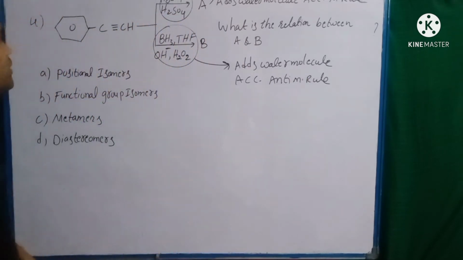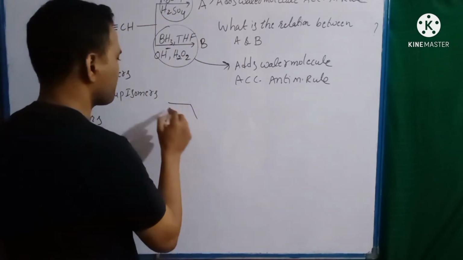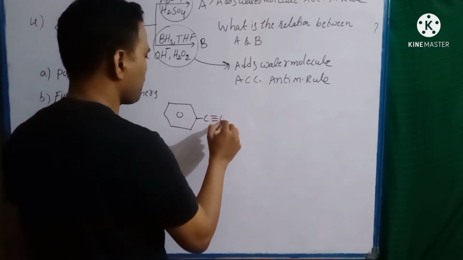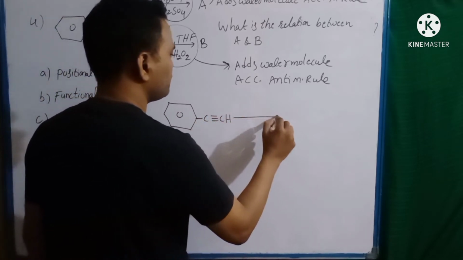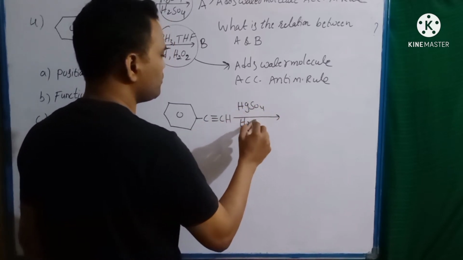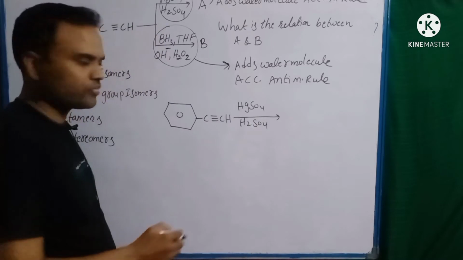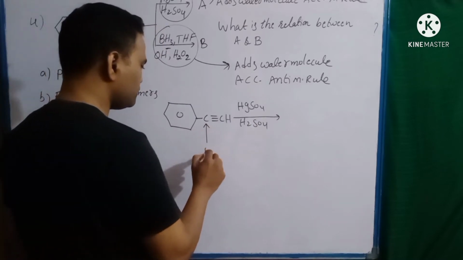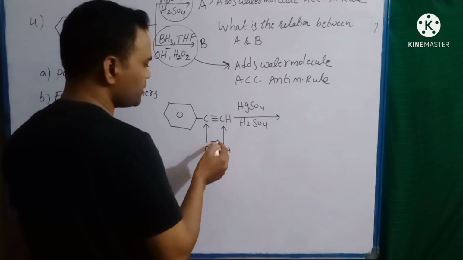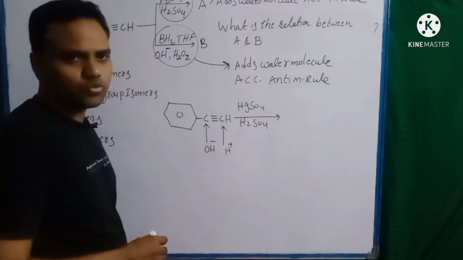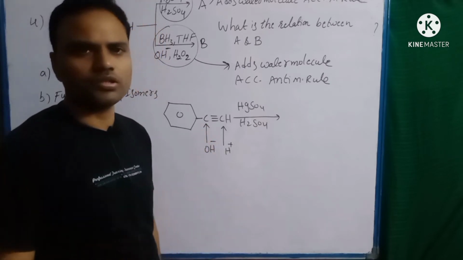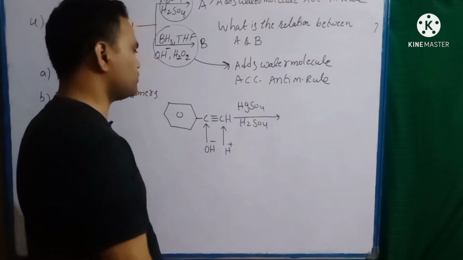Okay, now let us see the mechanism. First let us write HgSO4 followed by H2SO4. So it adds a water molecule according to Markovnikov's rule, OH minus and H plus. The negative part of the reagent always adds to the carbon having fewer hydrogens according to Markovnikov's rule.